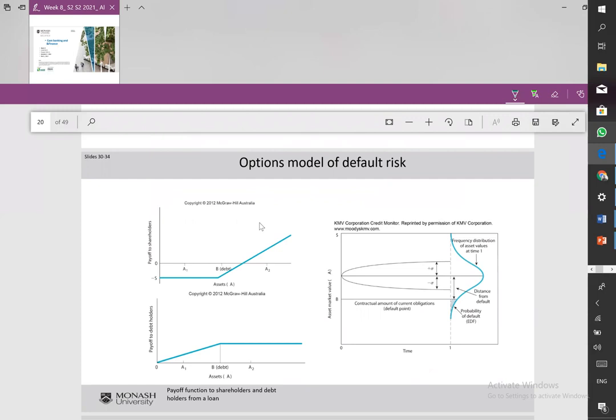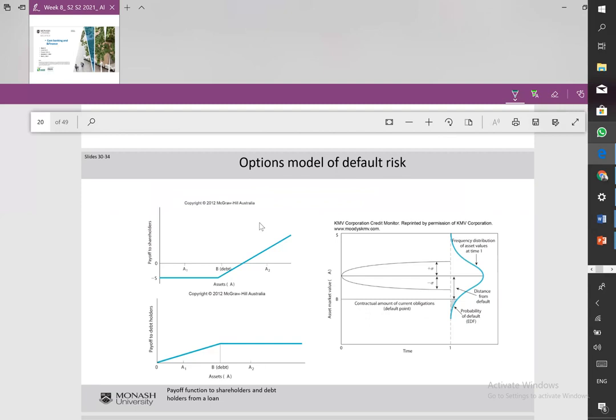Now, the issue is here. If a firm will take a loan, and this loan will be guaranteed by its assets, the agreement is, if the loan is defaulting, the bank can take the equity, whatever is left from the equity.